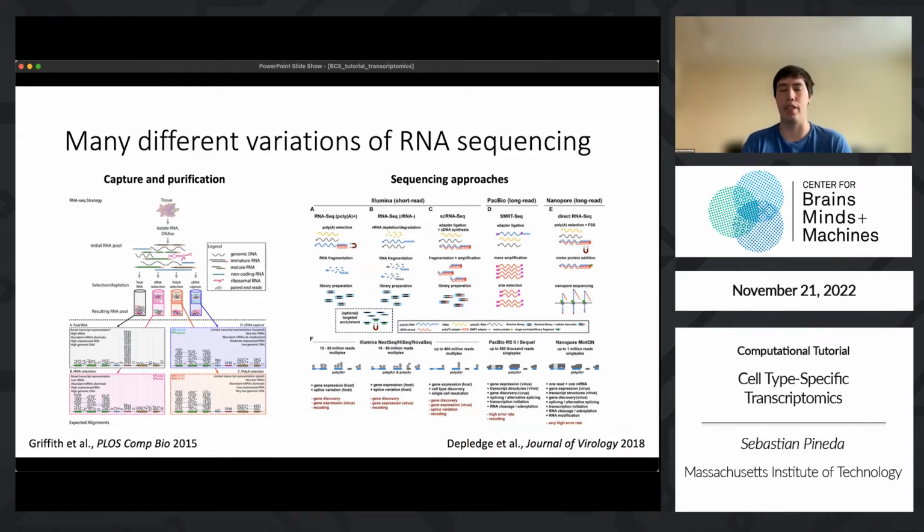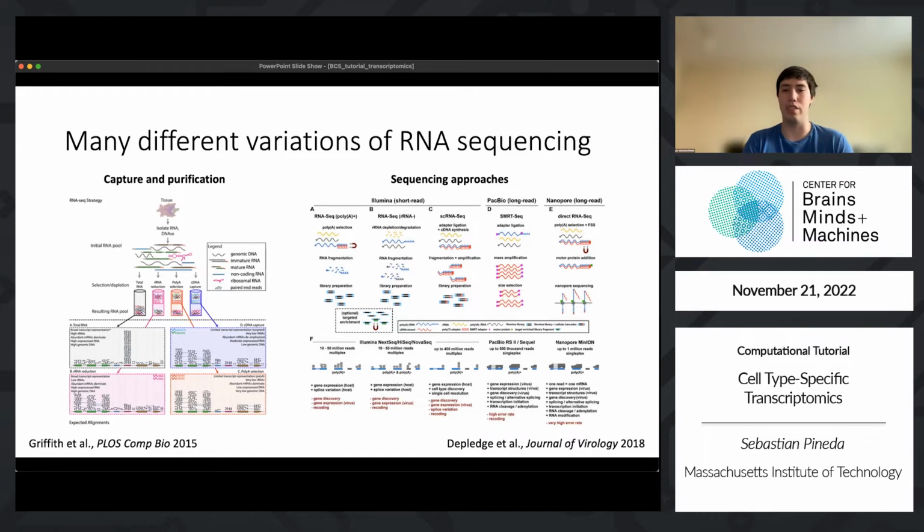But there's also ways of doing full length sequencing or base pair resolution sequencing. All of these have their advantages and disadvantages. The more resolution you get at the nucleotide level, the lower your throughput is going to be. So the popular approach is just to sequence sort of the ends of these transcripts, which you can do. You can sequence the whole transcriptome and get a sort of a quantification of what your gene expression profile looks like.